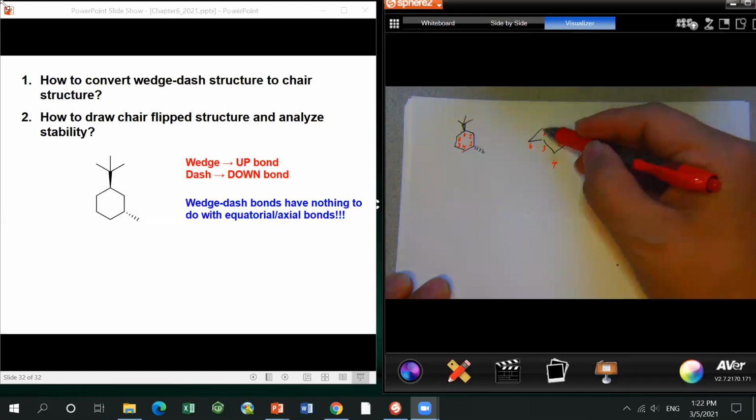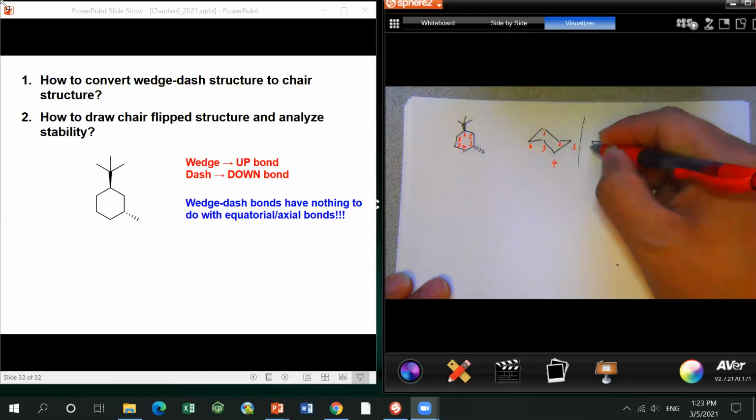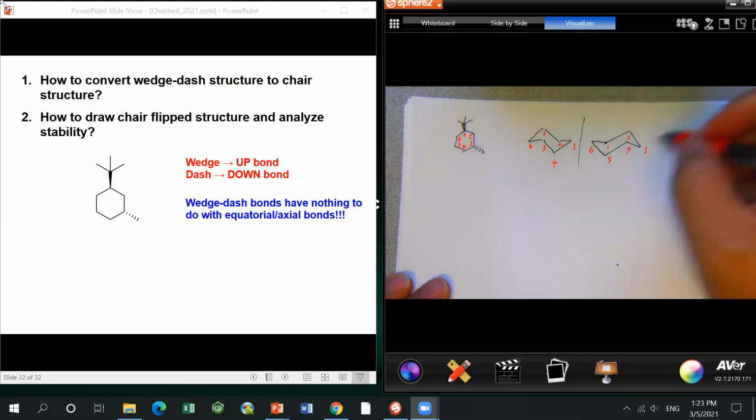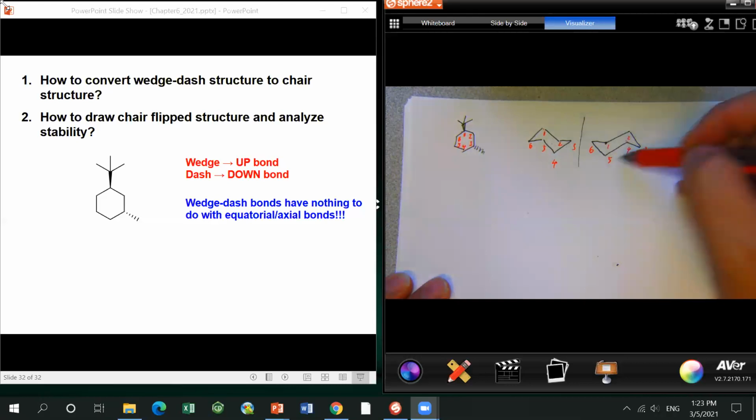Because we started from this carbon, its corresponding carbon should be here, so that's 1, then 2, 3, 4, 5, and 6. Make sure they are the same positions, don't do mirror imaging, and use the same directions.